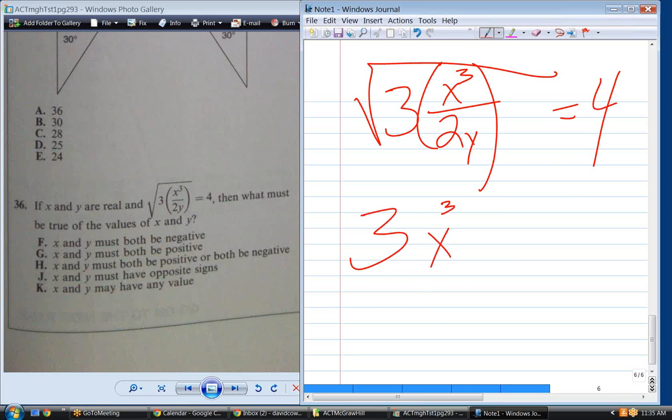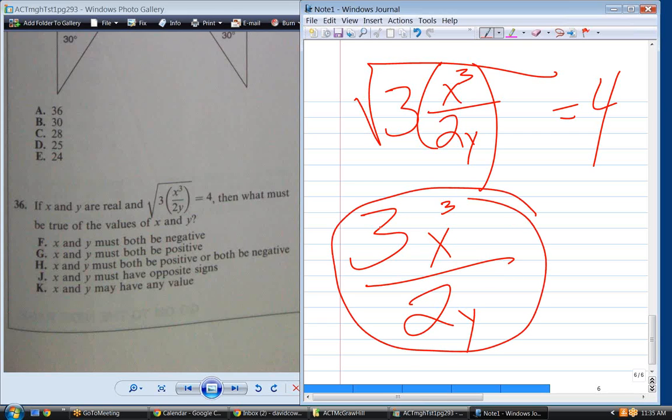What does it have to be? Look at the answers, so we know what kind of things we're looking for. Now tell me what that I have circled there has to be.